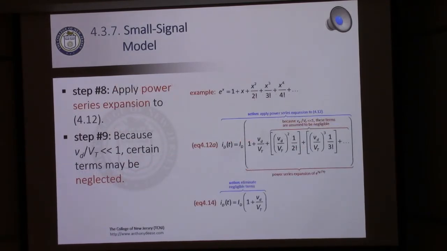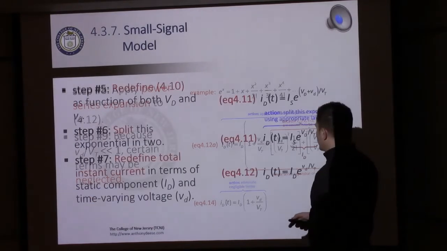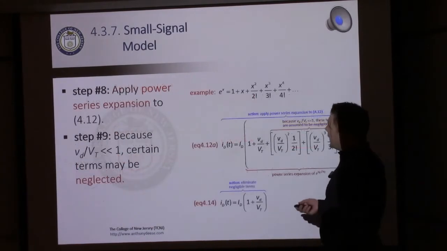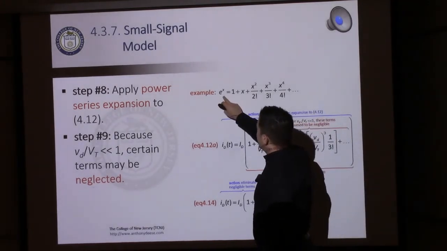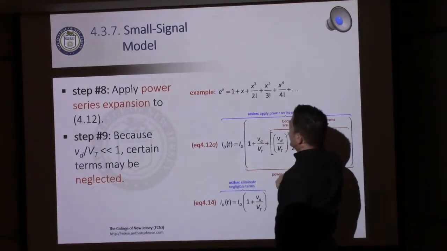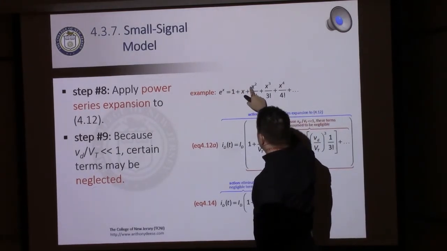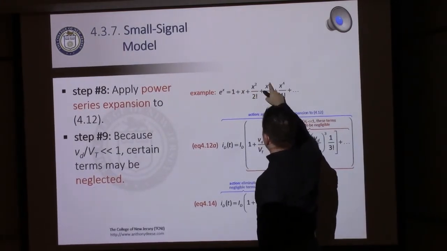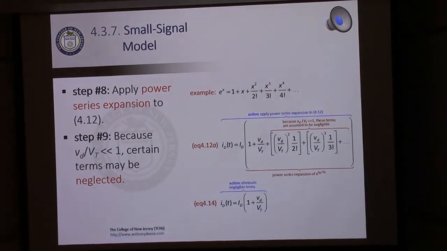What we're going to do is apply a power series expansion to this equation 4.12 right here. And so what that power series expansion says, and this is just one example of a power series expansion, is that e to the x is equal to 1 plus x plus x squared over 2 factorial plus x cubed over 3 factorial, and so on and so on.